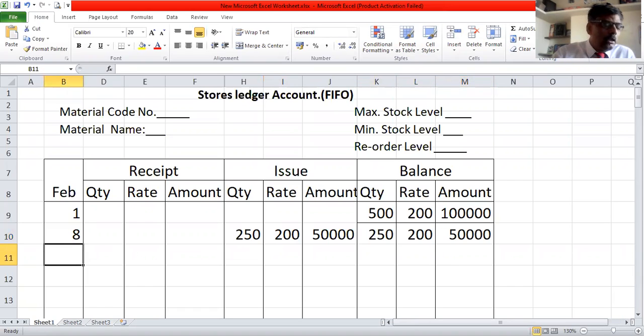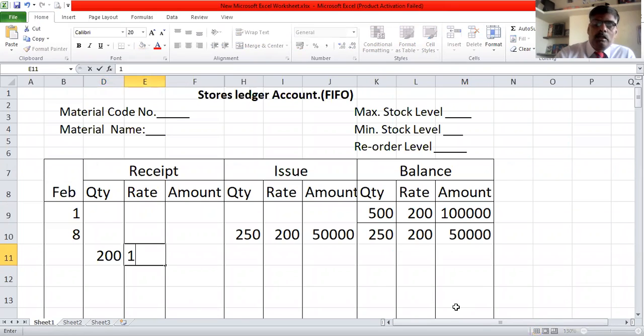Next come to 13th. On 13th, received 200 tons at rupees 190. Received is there, so you record in the receipt column. In the receipt column, 200 tons, rate is 190. Then multiply these two, I think it is 38,000. You check whether it is correct or wrong.